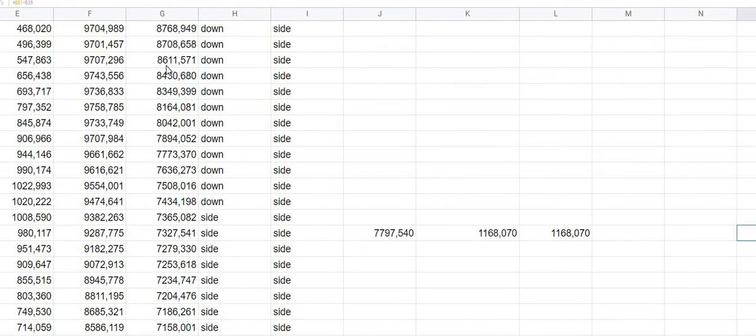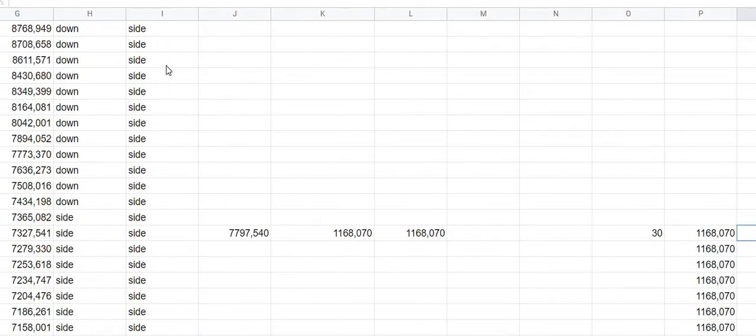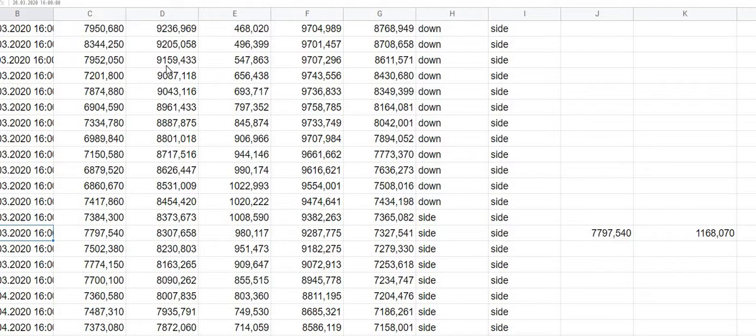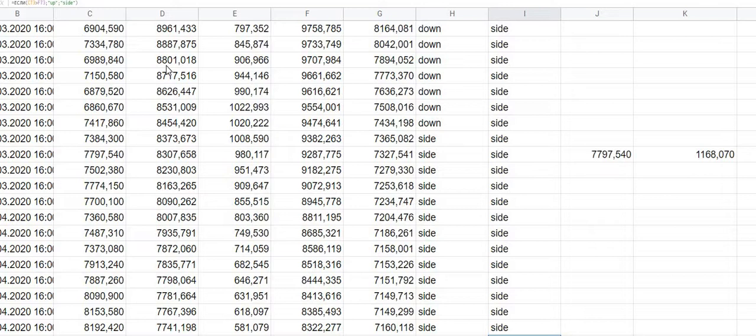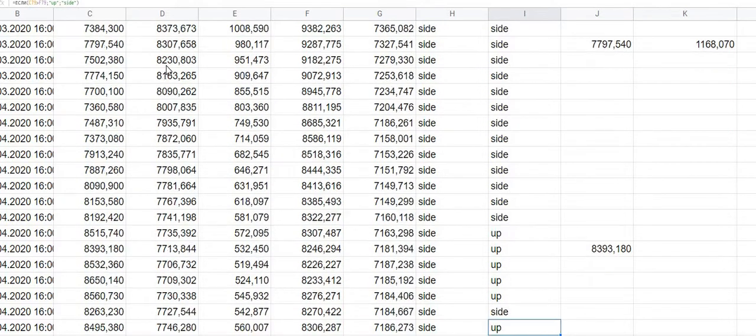So the result was plus 1,168, and it was 30 days in position, and I'm starting to calculate my profits and losses from all those operations. So next deal, just for example, and this time it was an upward trend, upward signal.